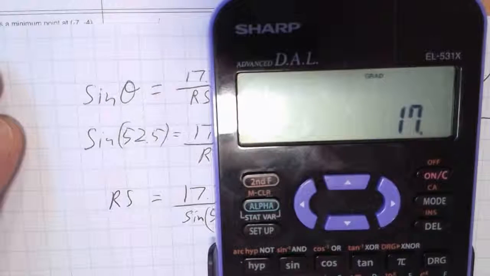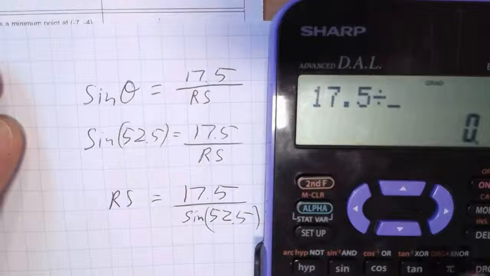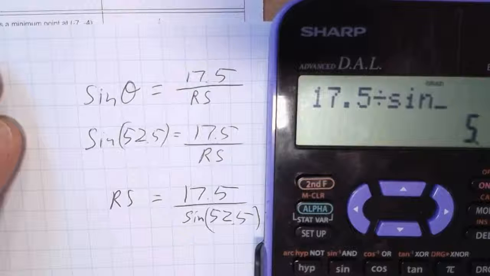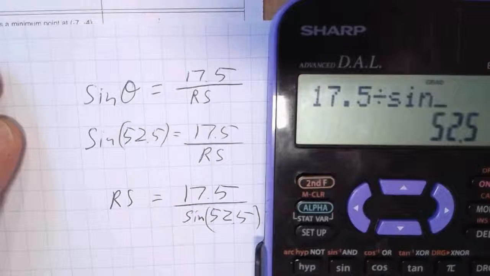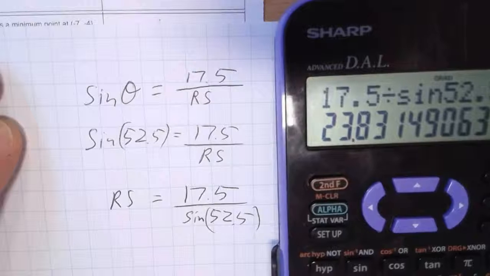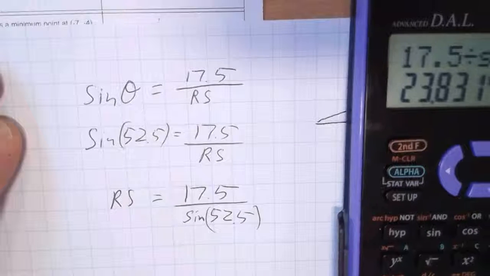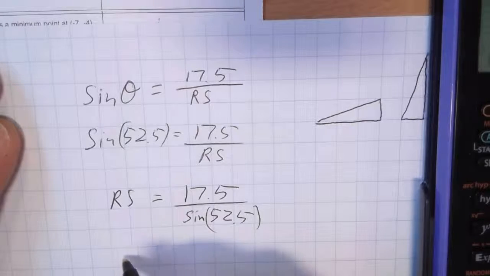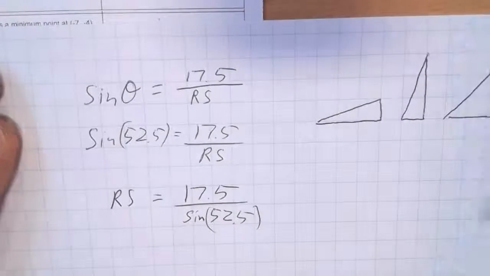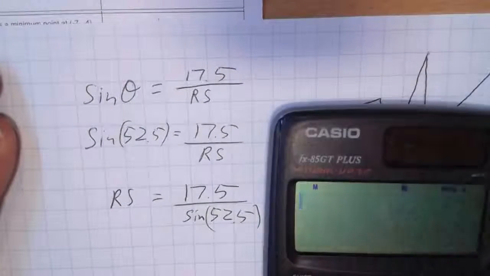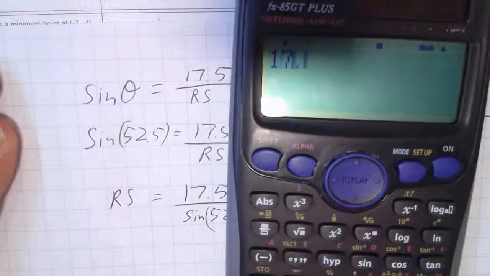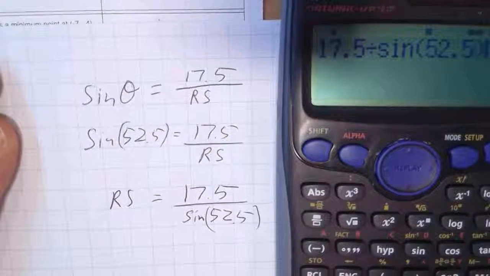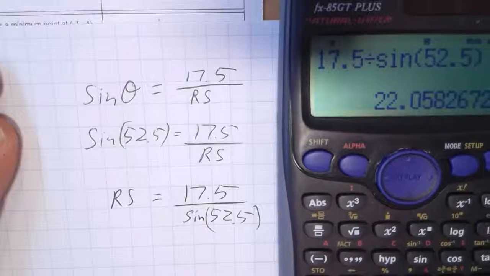So 17.5 divided by sine 52.5. Is that right? 23.83. That's not right. Now borrow a better calculator. Right, 17.5 divided by sine 52.5 equals, there we go, 22.